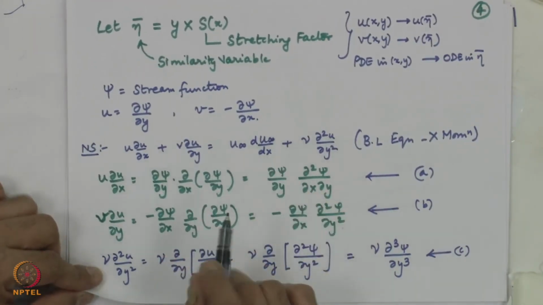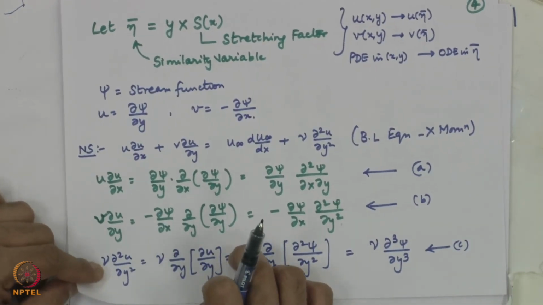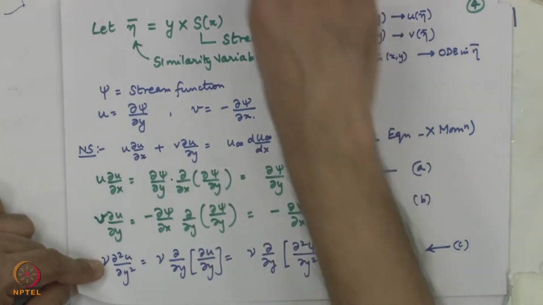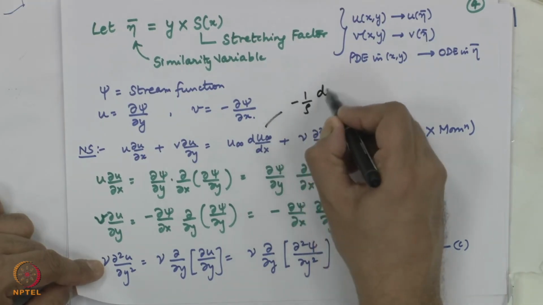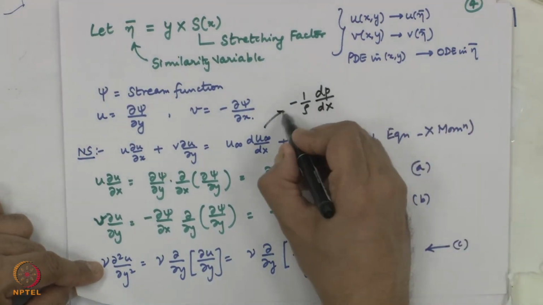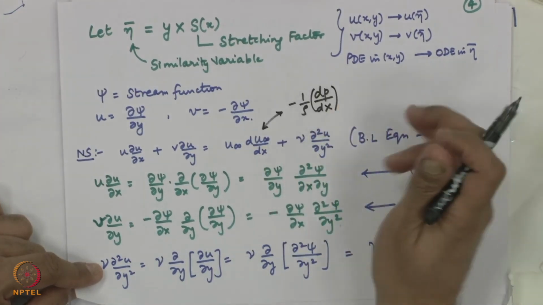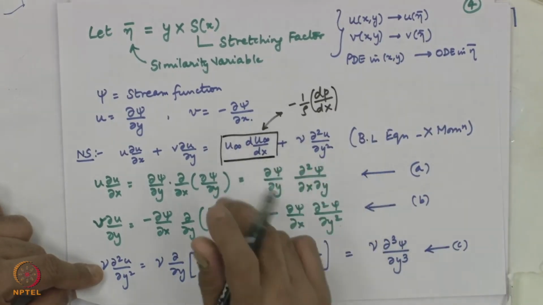But in general, if you have flow over a curved surface, or a situation where u infinity is not a constant, this term is essentially, where did this come from? This came from your minus 1 by rho dp by dx, right. So, this is the pressure gradient term. How pressure is varying along the flow direction is indicated by this term.